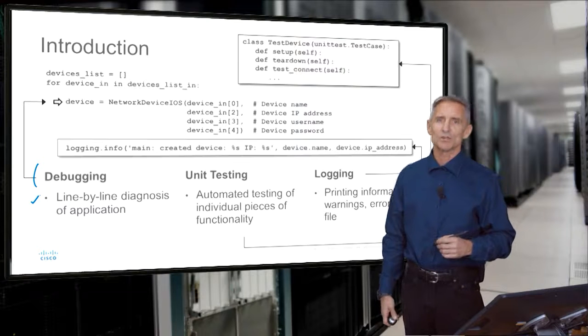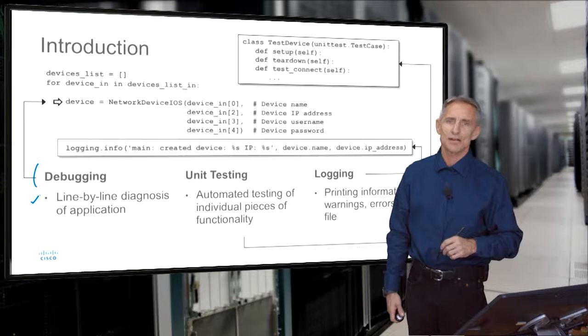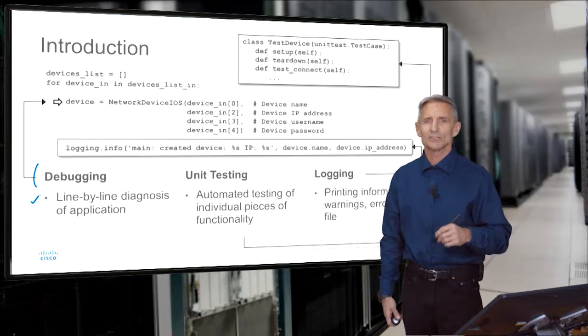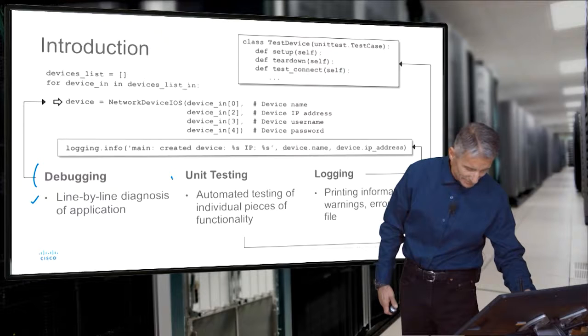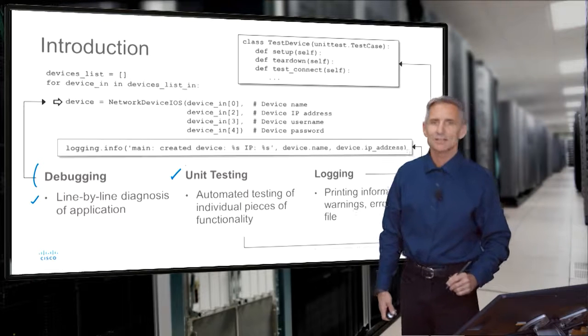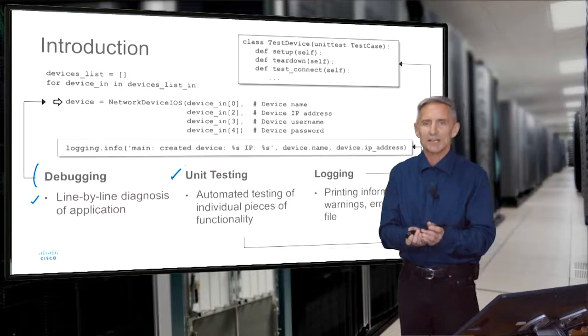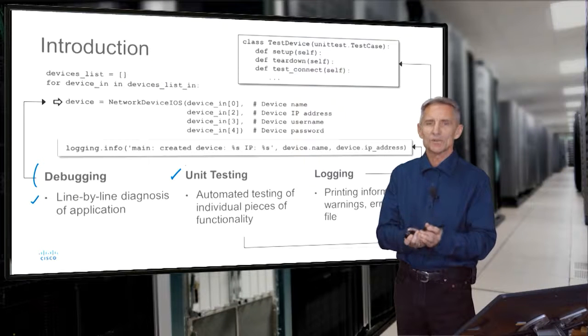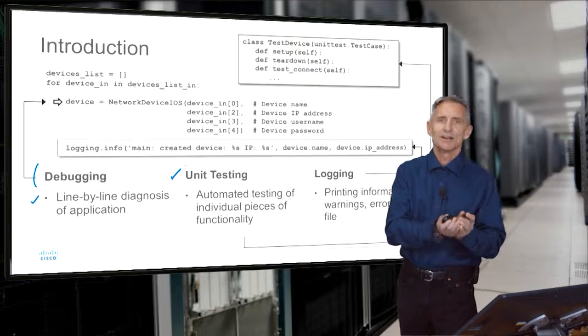Something else that you're going to want to do during this process, if you want to have the highest quality application, is you're going to want to understand and invest in unit testing. What is unit testing? Unit testing is basically creating software that is around your application that you can invoke in order to test all of the different pieces of functionality of your program.